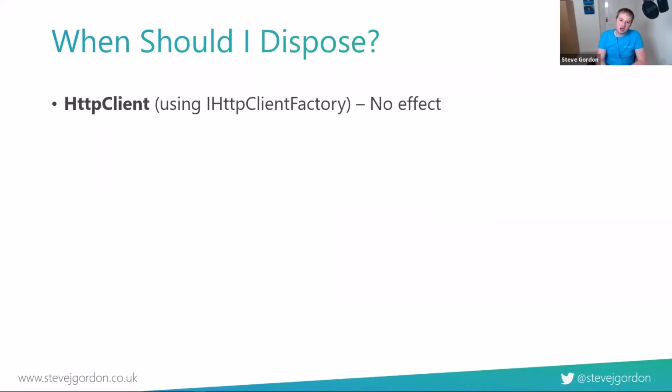If you're using the HttpClientFactory feature, then the HttpClient instances you're getting should be considered transient already. You can dispose them, but it has no effect, because the handler chain, the thing that really is disposable in the whole system, is being managed by the client factory itself.